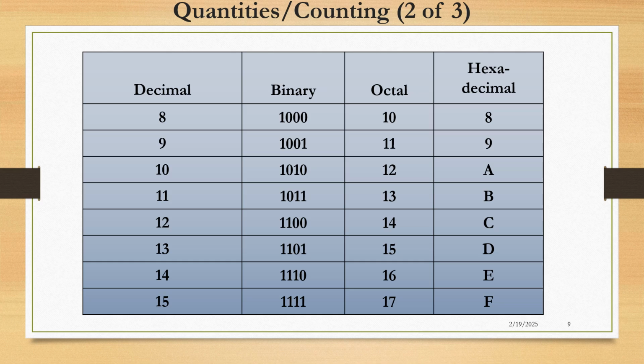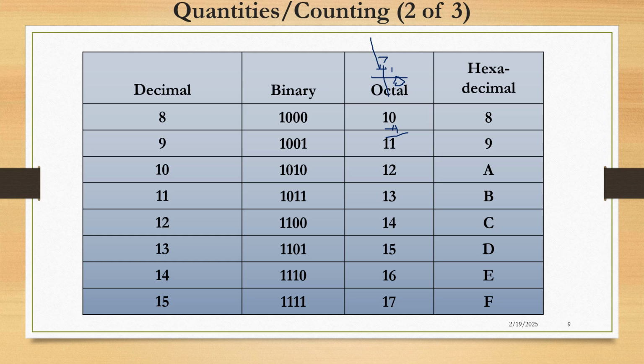Now come to 8. In the octal number system, 7 was there. Now adding 1 to 7, what do we get? Because there is saturation at 8, we get 1 0. After adding 1 to this number, we get 11, then 11 plus 1 and so on.